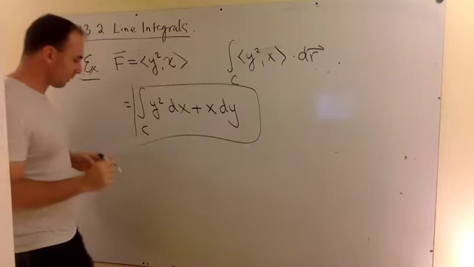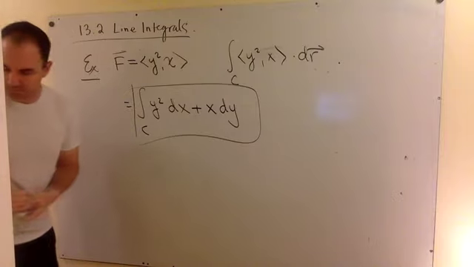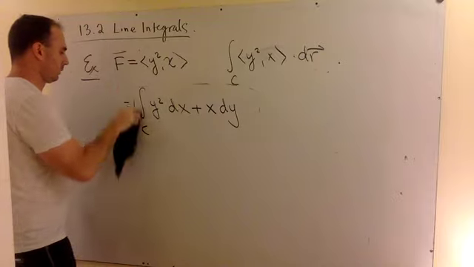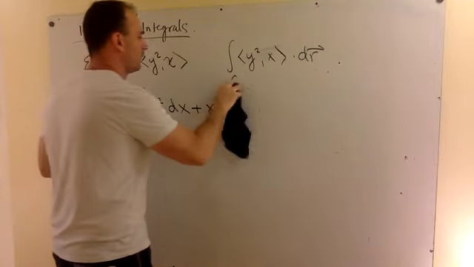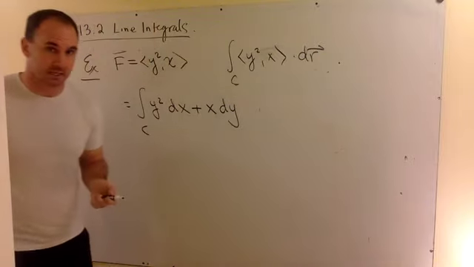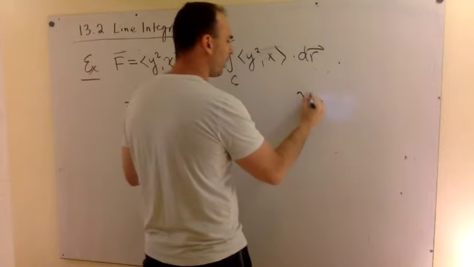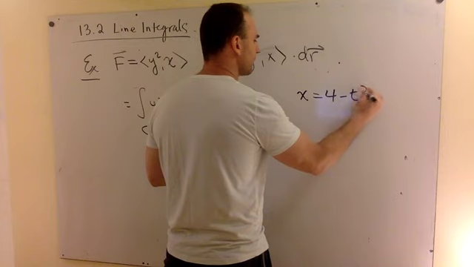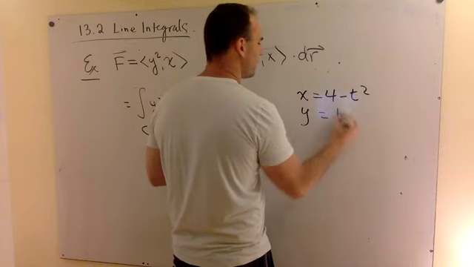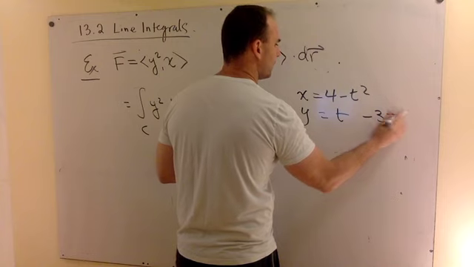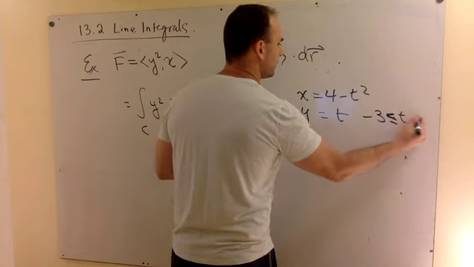And so when you're evaluating this, a little bit easier way to go about it is to recall our x was 4 minus t squared, and our y was t, and our t was trapped between -3 and 2.